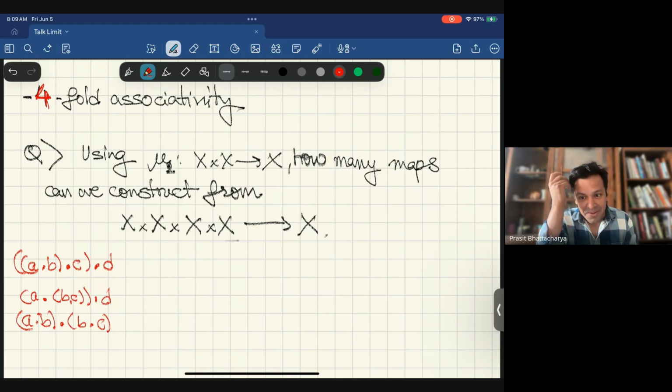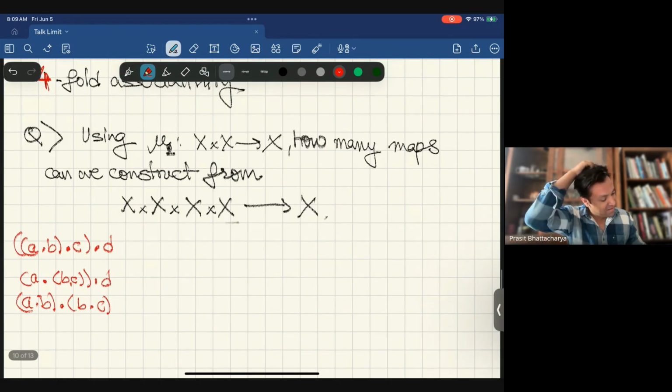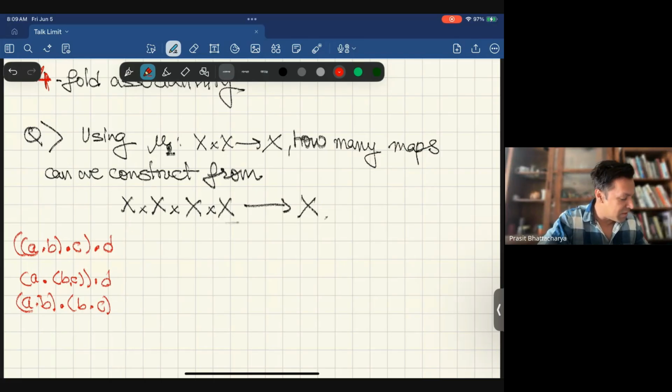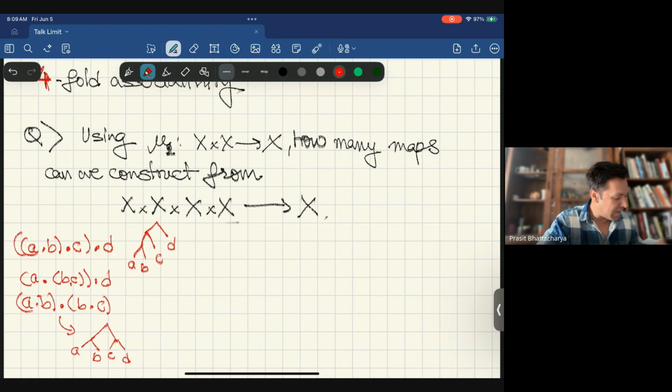Okay, I'm going to give you the answer. The answer is actually 5. And if you think about this, the best way to encode them is using tree diagrams. So this multiplication is given by a tree which looks like this: A, B, C, D. This one looks like that.